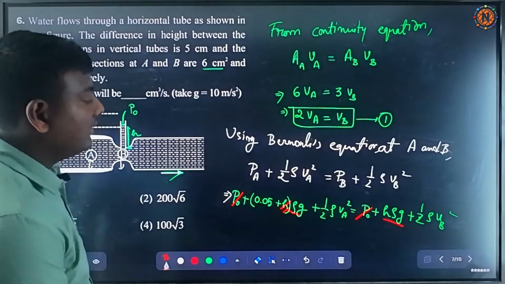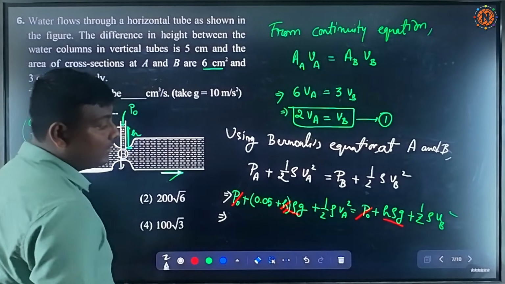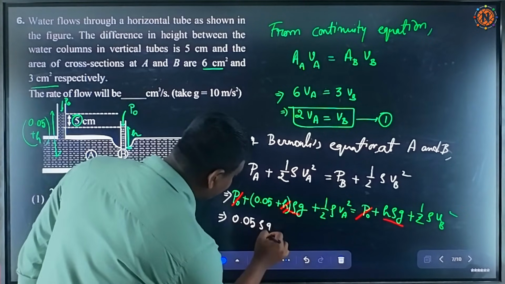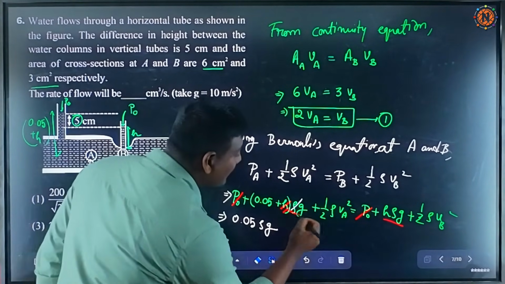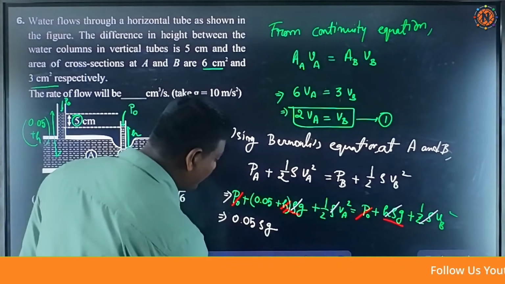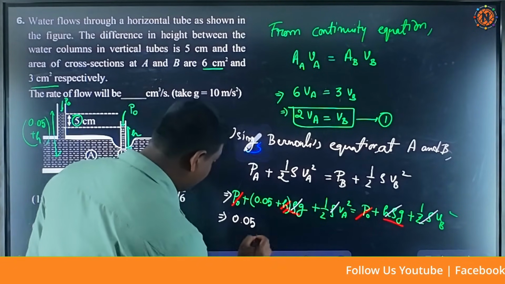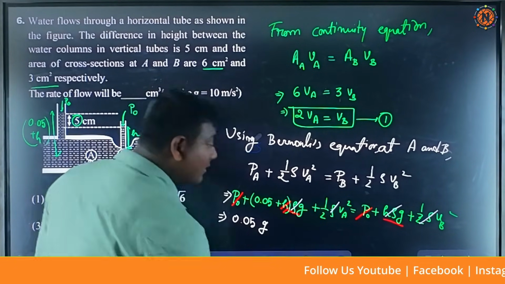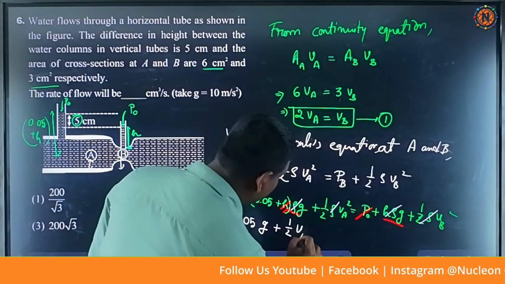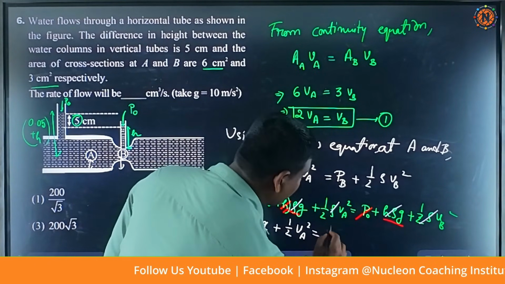So on the left hand side we will have only 0.05 rho g. Also rho can be cancelled because it is present in all the terms. So you can write 0.05 g plus half VA square equal to half VB square.